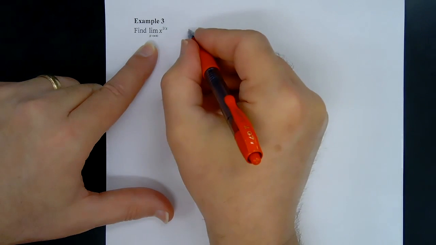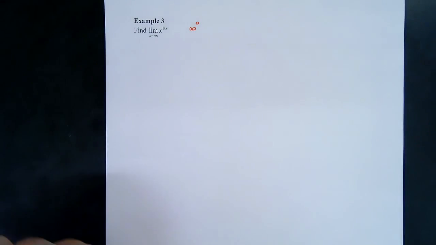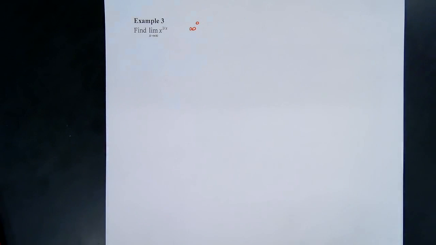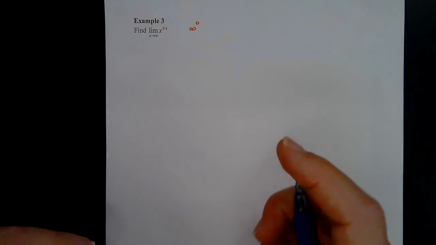So what we have this time is infinity raised to the 0 power. I wanted to go over one of each of these to show you how you go about doing it, but they all go about it the same way.